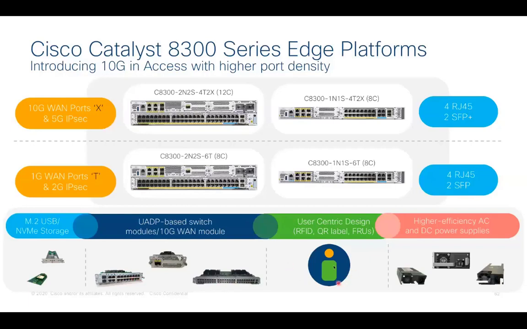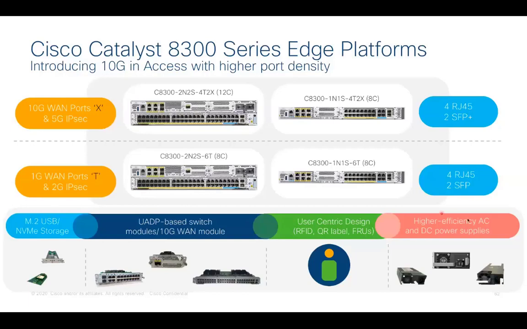When it comes to user design, Sumant has already talked about how all these platforms come with RFID for remote device tracking, and we have a QR label tray, a plastic strip that provides you rich information about the device externally, and internal redundant fan units on all these platforms.